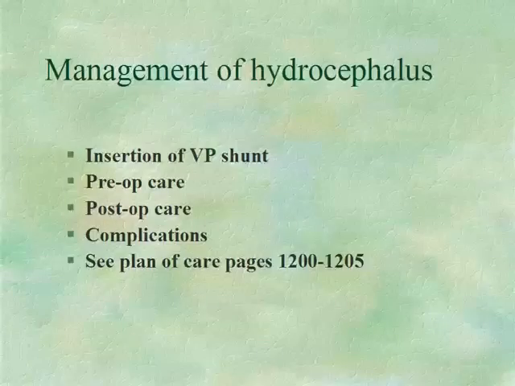We're probably going to start seeing some signs of increased intracranial pressure. The other issue is accommodating for the child's growth. If we diagnose a child at 2 months of age with hydrocephalus and they insert a VP shunt, they can put in some extra, but not likely enough to hold them into school age and adolescence. So they may have to go in for revisions as well.